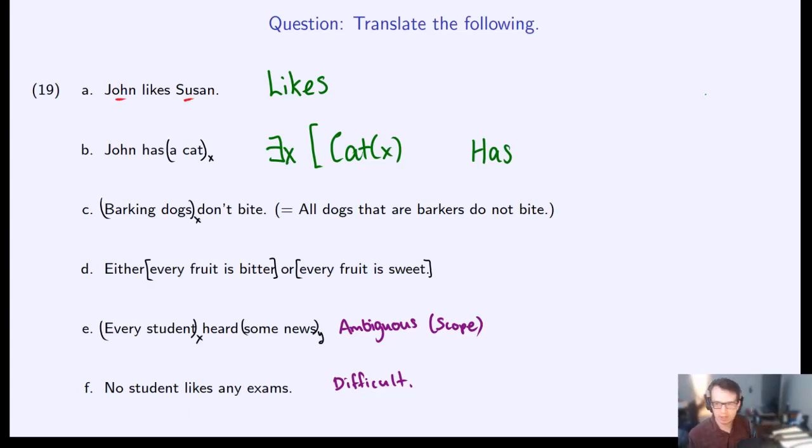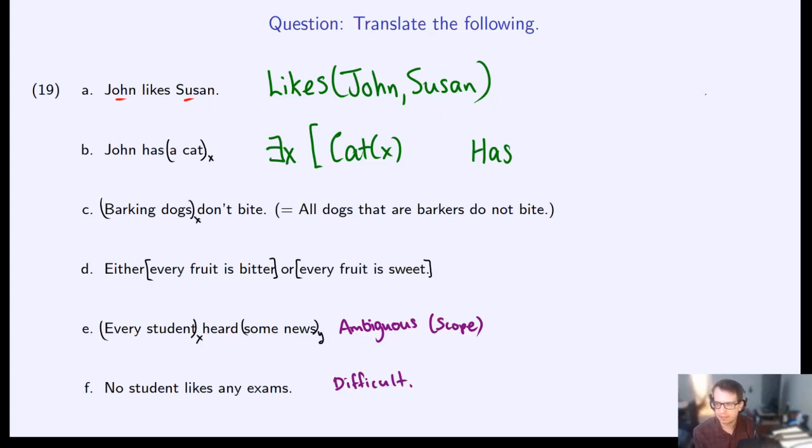And when you have proper names, we just put them directly into the predicate, because these are individuals in our world and we can evaluate them directly. So John likes Susan, we can just translate directly as likes John Susan. And then we know whether that's true or false in our world.